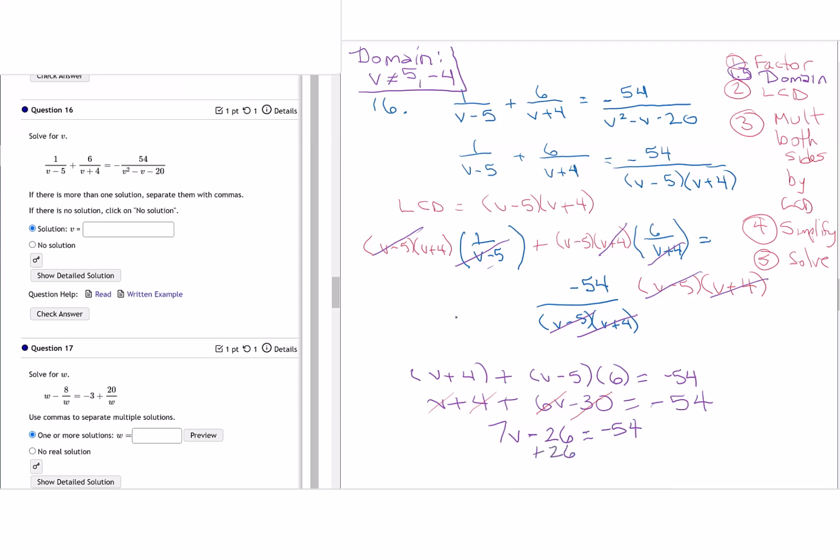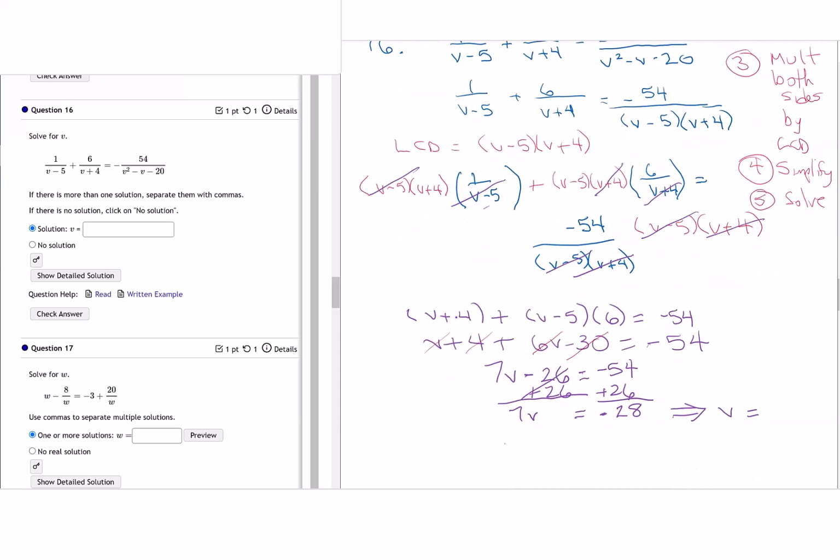I add 26 to both sides. I get 7V equals negative 28. I divide both sides by 7, which gives me V is equal to negative 4. I only have one solution, negative 4.